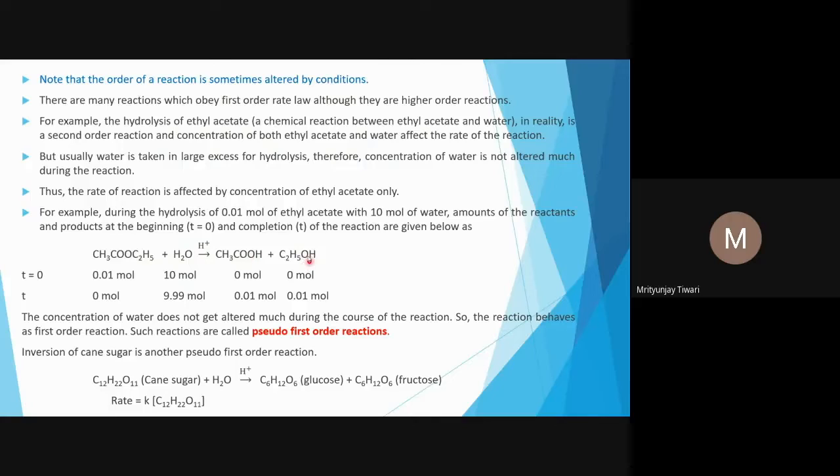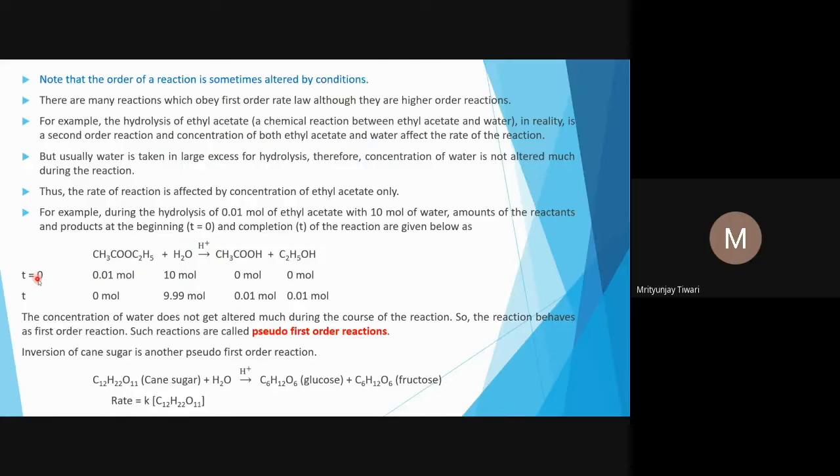So acetic acid and ethanol are formed in this reaction. Because water is available freely and its cost is also very low, one can take water in excess. And once you take the water in excess, what happens in this example?